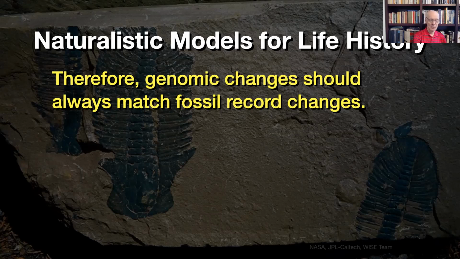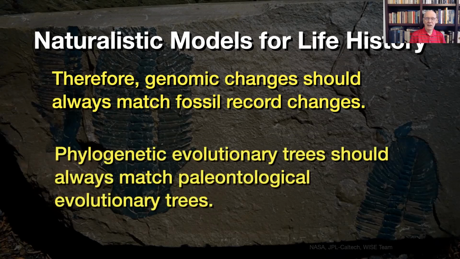So moving on from there, the phylogenetic evolutionary trees should always match the paleontological evolutionary trees. This is a term that's used in the evolutionary biological literature. They talk about phylogenetic trees and they talk about paleontological trees. And what they mean by a tree is you've got this LUCA, this last universal common ancestor.